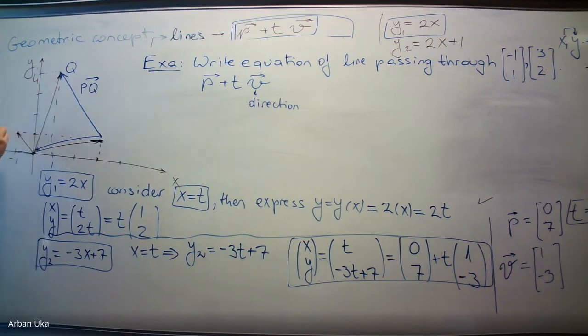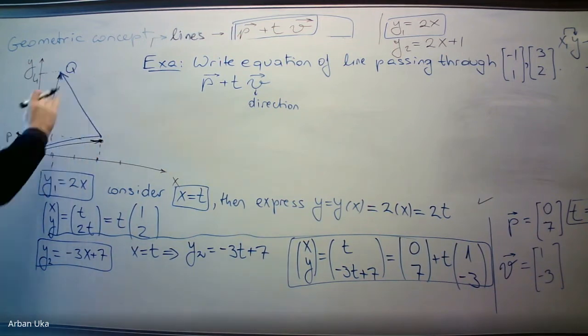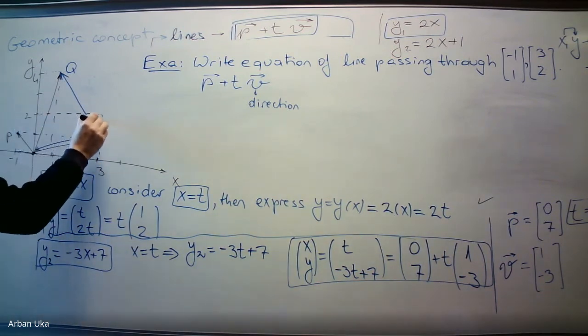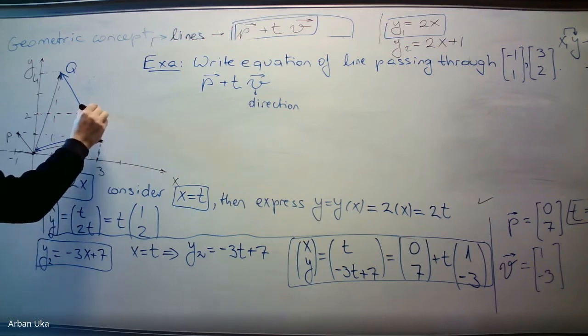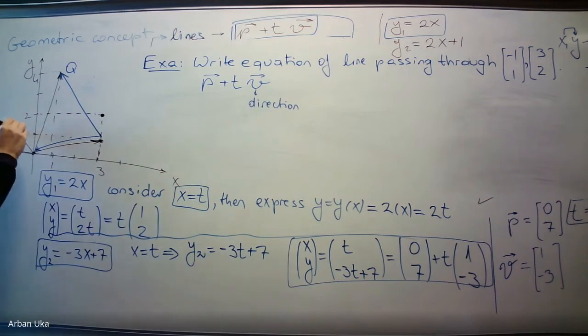So let's call this point P, and let's call this other one Q. And this other one is 3, 2. This is 3, this is 2. So we have these 2 points over which we are going to work.